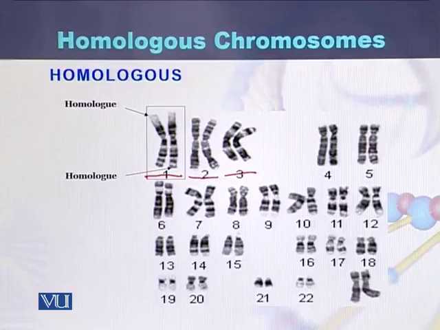It means chromosomes are in the form of homologous pairs. One chromosome is called homolog 1, while the other chromosome is called homolog 2. Same is with all the chromosomes which are similar in size and shape. If chromosomes are similar in size and shape, they will be called homologous chromosomes.